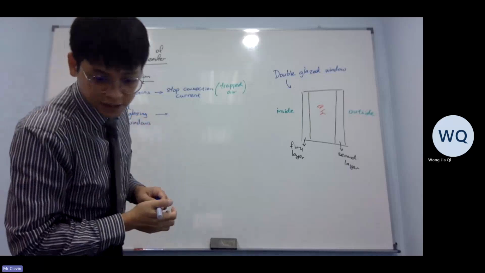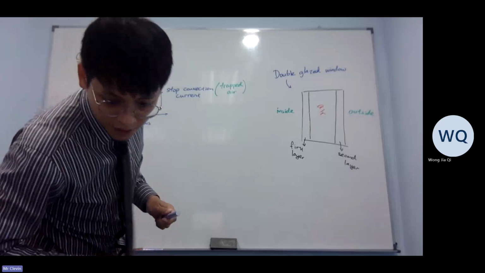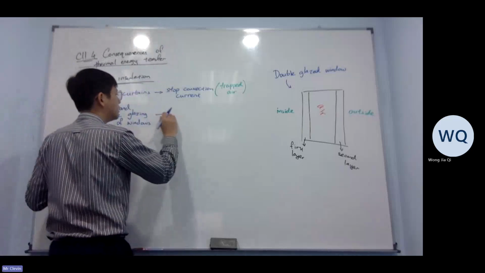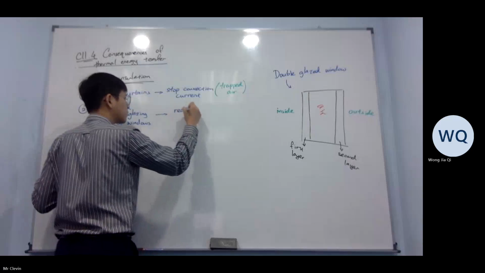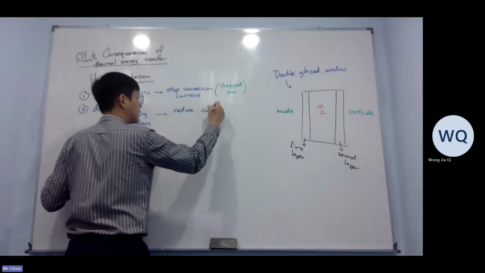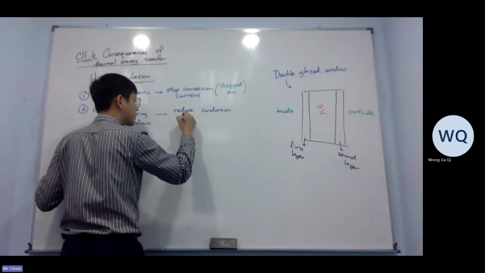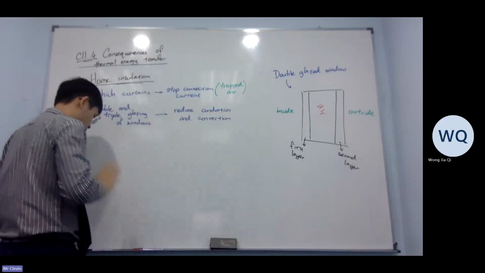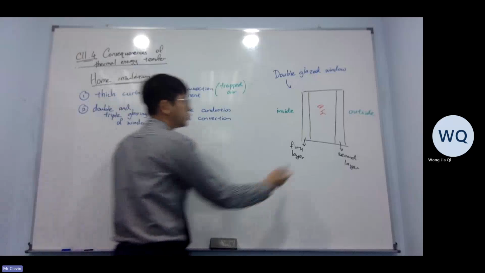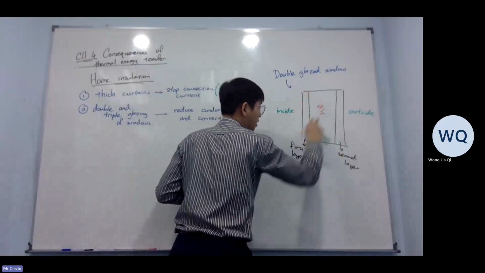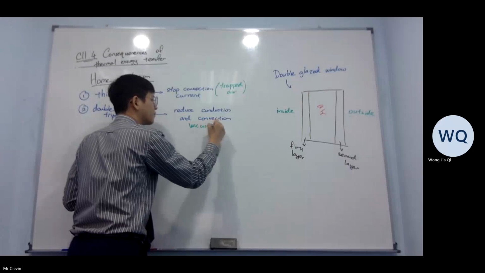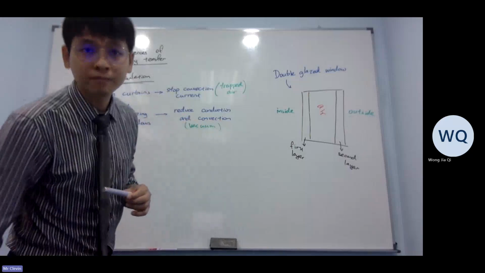What is the usage for this? It will reduce heat loss by reducing conduction and convection. Usually in between the inside and outside glass, it's a vacuum.